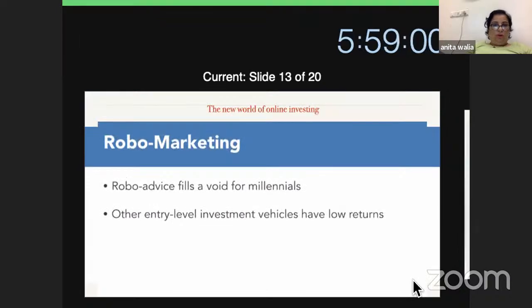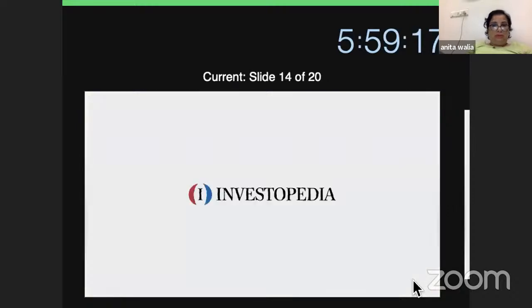So robo-advice fills that void for millennials, and helps the beginners also, at the beginning level, to invest and do something right about their investments.